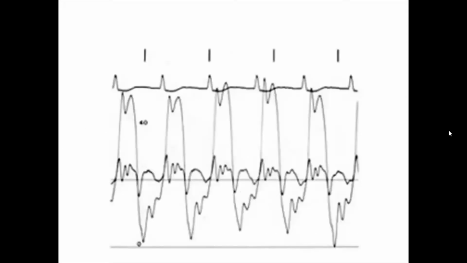Okay. Who can take this one? If I told you this is the simultaneous RV and RA, because the pressure here is around 40 plus. So simultaneous hemodynamic tracing between the RV and the RA with ECG, which is sinus, there is an A wave.